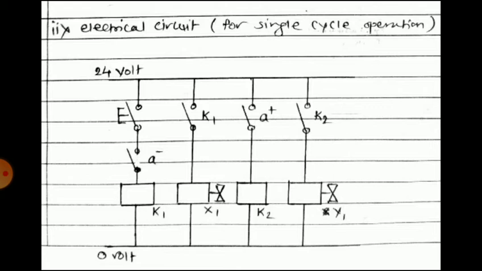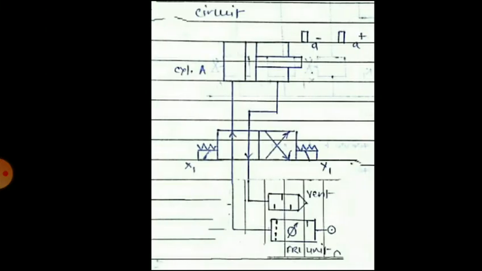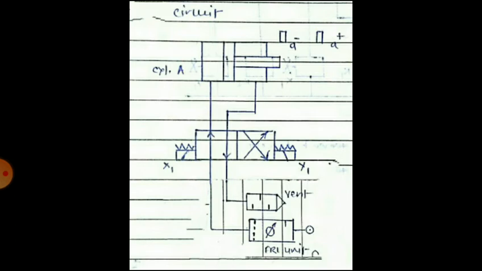Relay coil K1 activates relay switch K1, and relay switch K1 will energize the solenoid X1. So you can see the forward stroke. When you energize solenoid X1, there will be a straight flow of air. So the pressure port is connected to working port A, and working port B is connected to vent. So it results in the forward stroke.